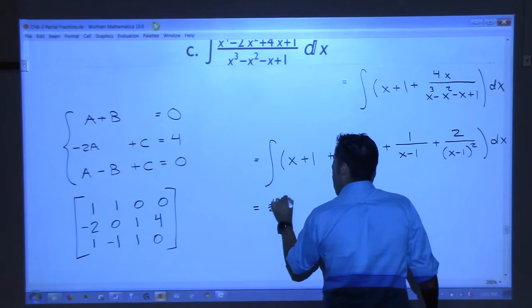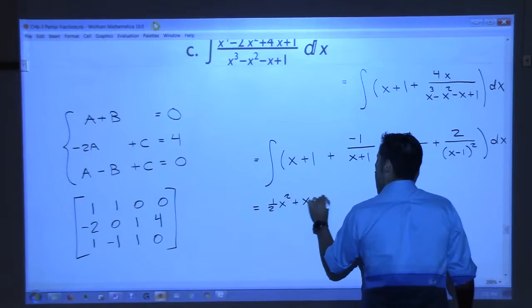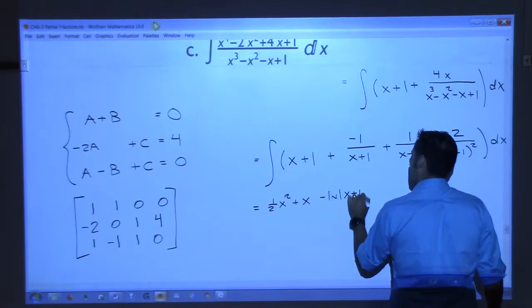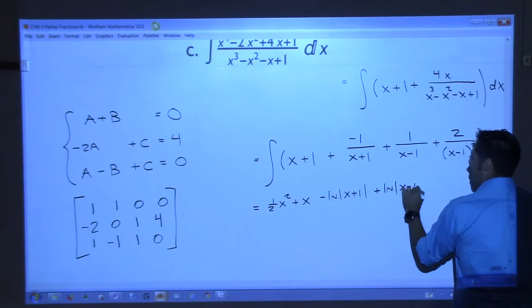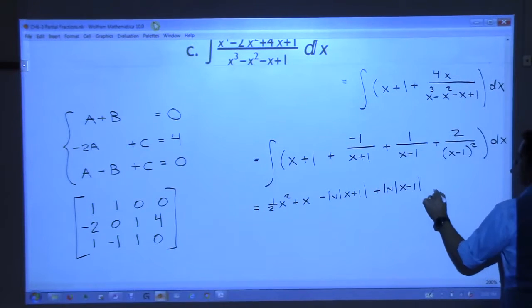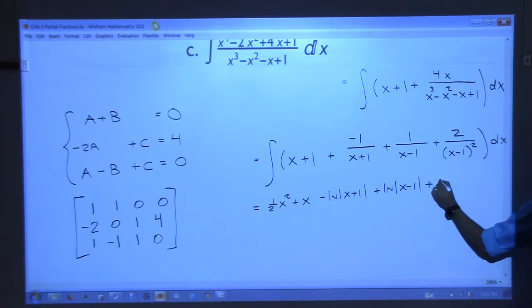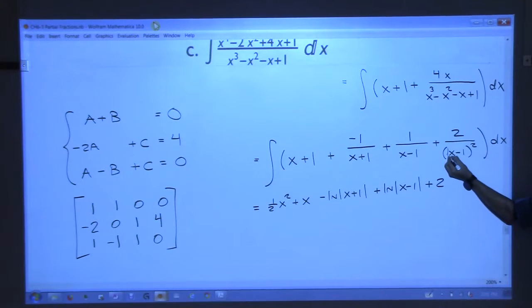1/2 x squared plus x minus natural log of x plus 1, nothing to compensate for there, plus natural log of x minus 1, nothing to compensate for here. This one I'm going to have to think through a little bit. Let's see. Got a 2 that comes out front. I don't have to compensate for anything in front of the x because it's a 1. So that looks like 1 over u squared, which is really u to the -2.